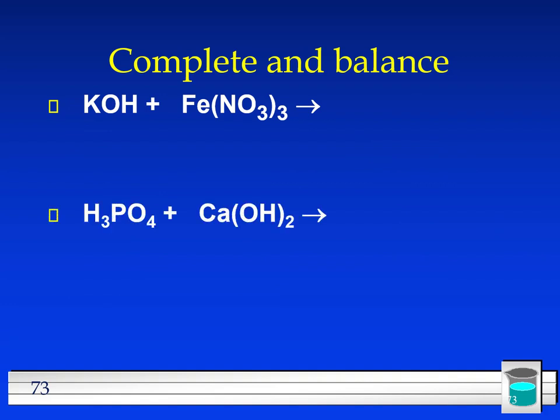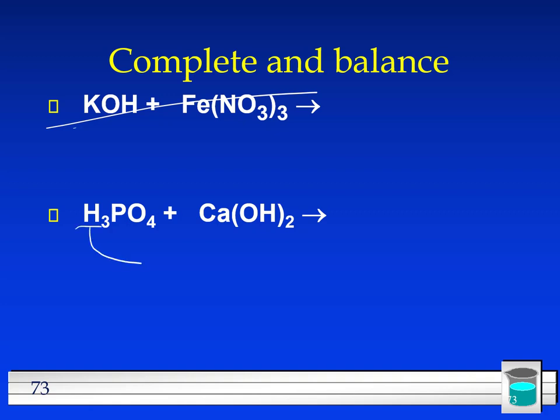We already did this one, it's just like the first example I gave you, so let's just do this last one. H3PO4 plus Ca(OH)2. Okay, and the positive pieces are going to change place.